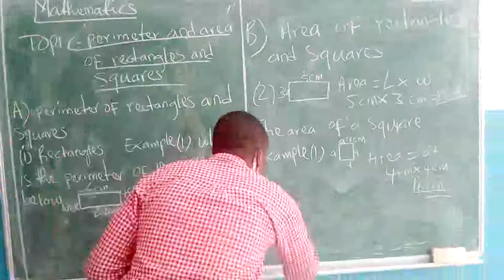Since we have 4 here, we multiply by the 4 sides that we have. So 4 centimeters times 4 centimeters will give us 16 centimeters square.